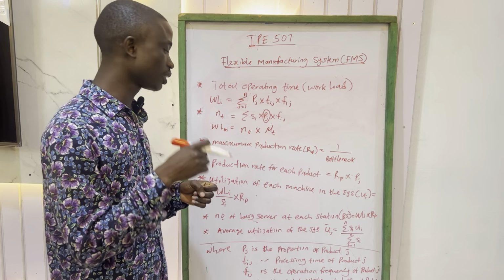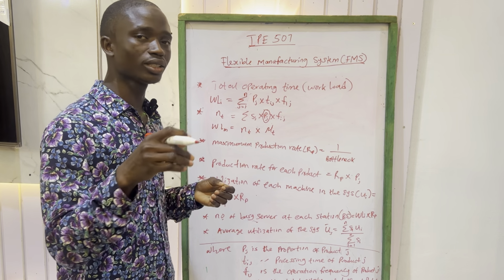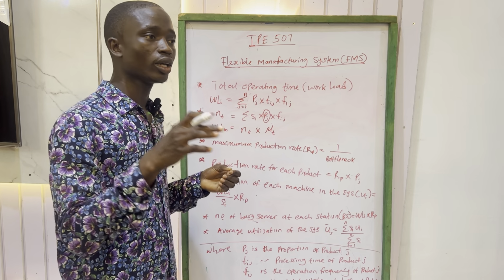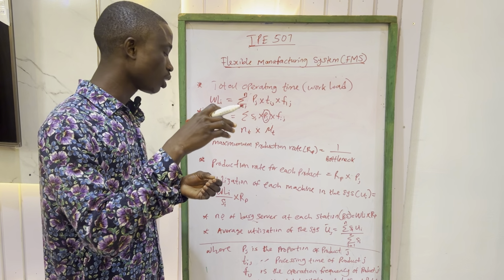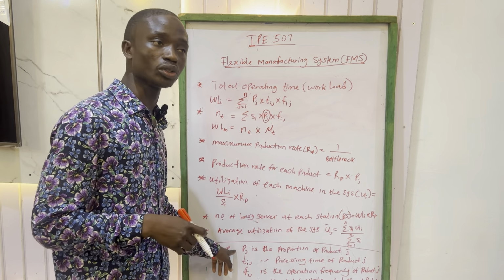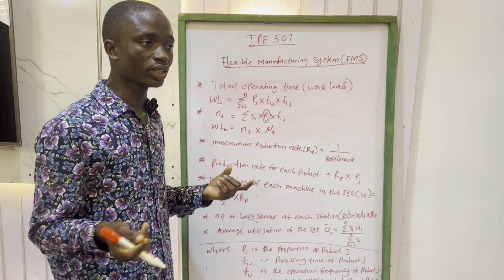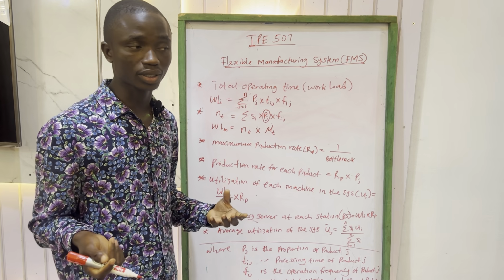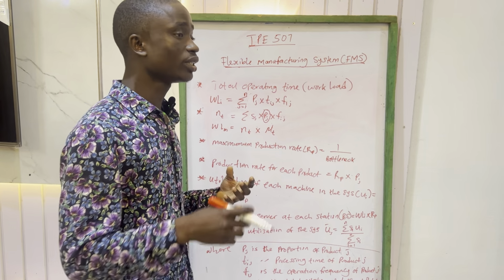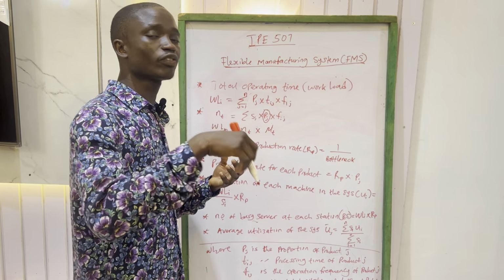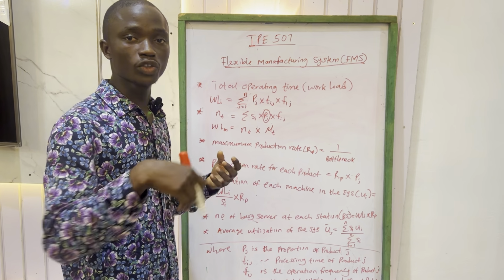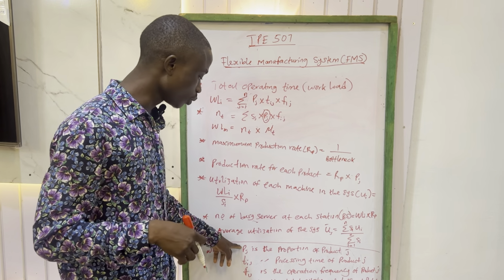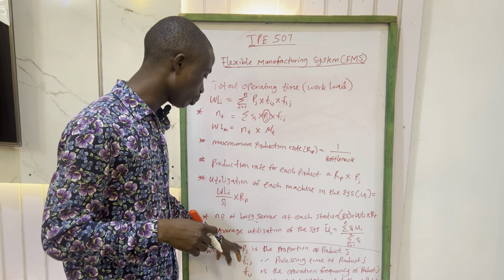It means 20% of what the entire manufacturing system is working on is this particular product. Let's say product B has 0.3, that is 30%, and product C has, let's say, 0.5, 50% of the whole production system.